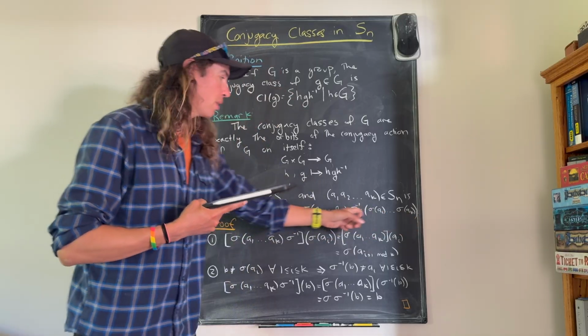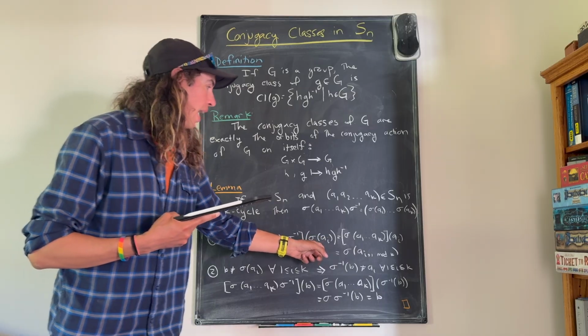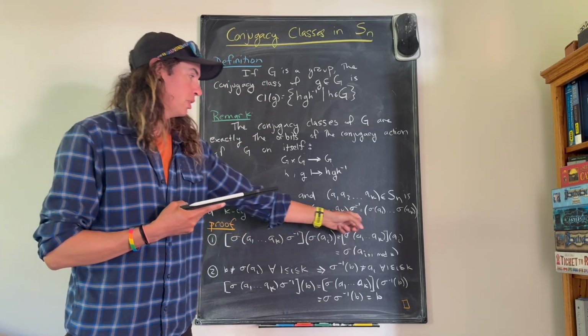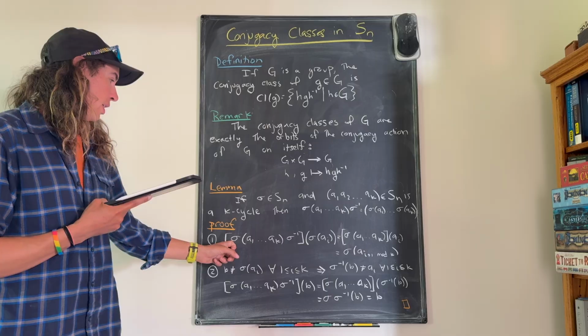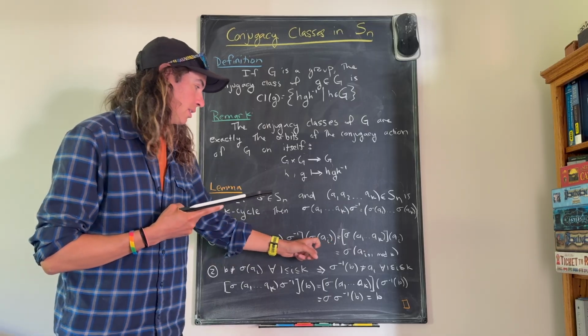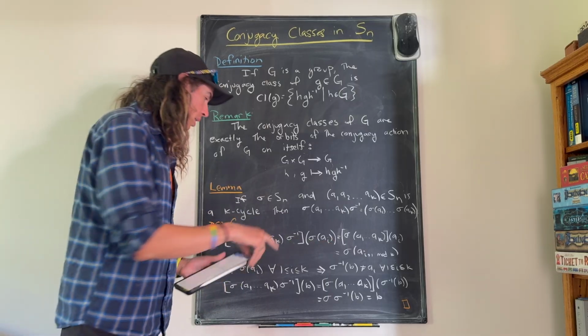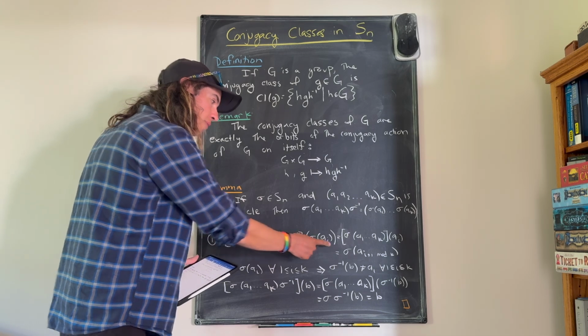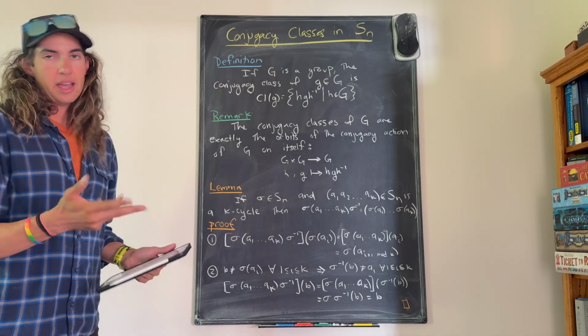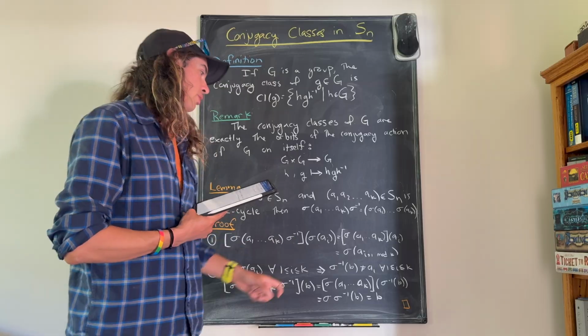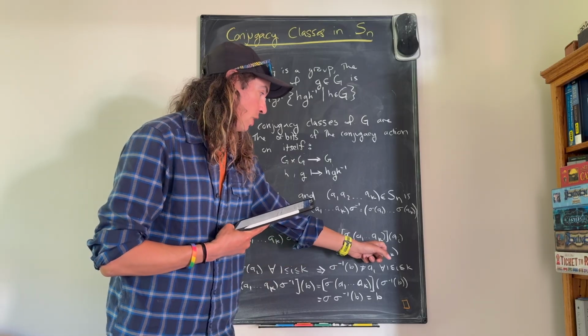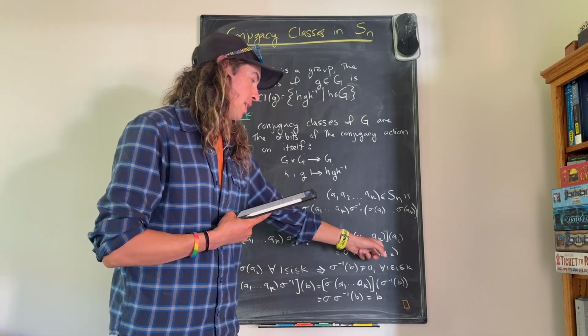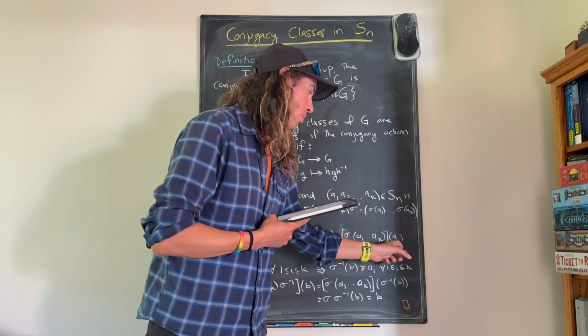Let's apply this permutation to it. Sigma inverse of sigma of ai is just going to be ai again, because sigma and sigma inverse cancel out. So now I have sigma composed with the cycle (a1 ... ak), applied to the number ai.